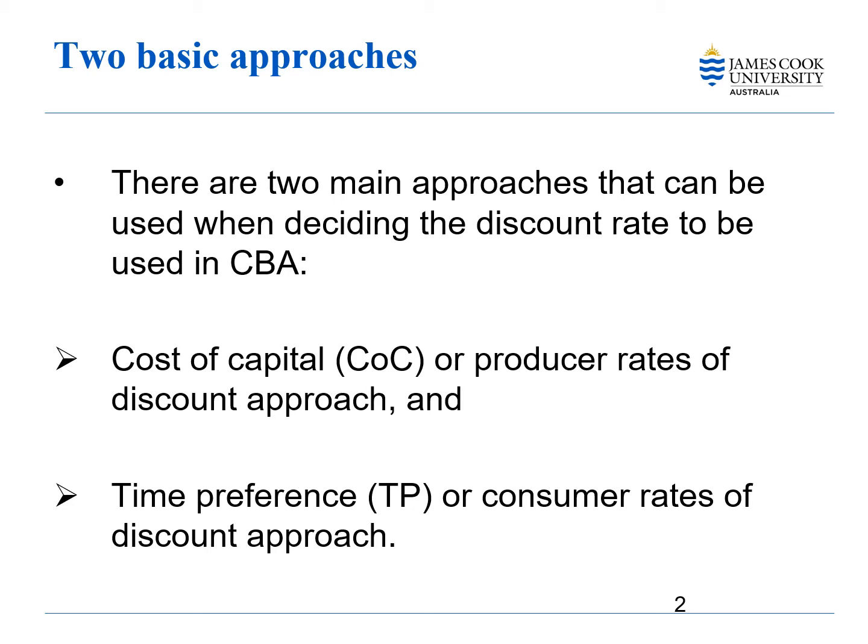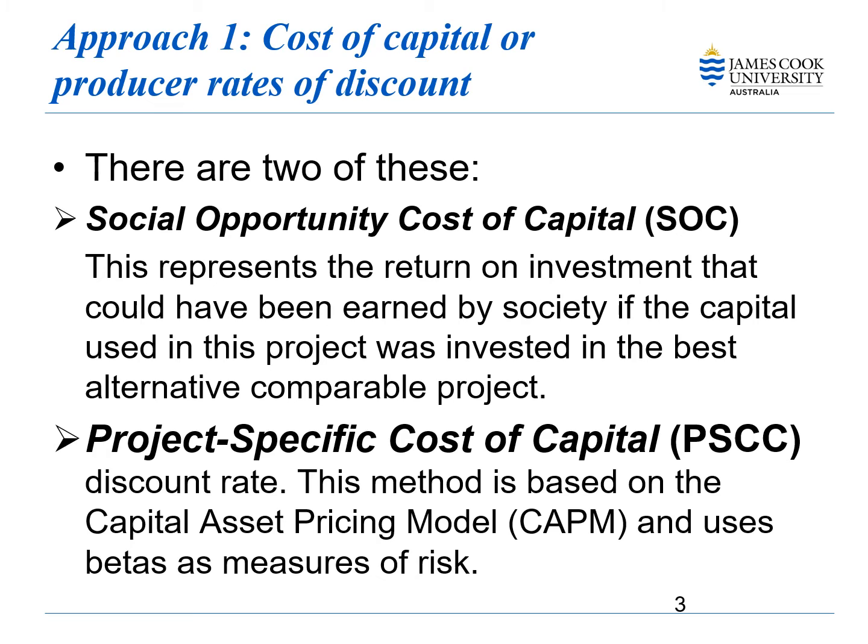The consumption side is called the time preference or consumer rates of discount approach. Within these two categories, there are two approaches. For approach 1, cost of capital or producer rates of discount, there are actually two of these.